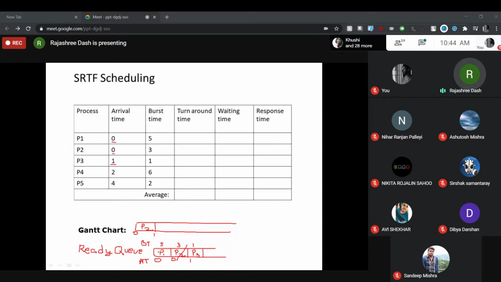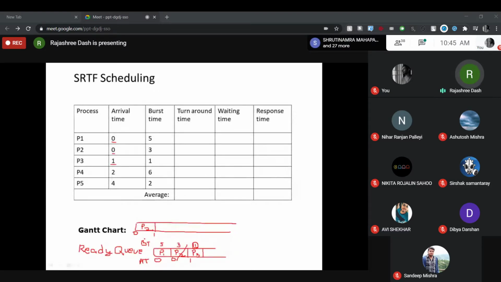So now what the scheduler will do? As it is a preemptive one, the scheduler will check the burst time of the newly entered process, that is 1, against the remaining burst time of the currently executing process, P2. By time 1, P2 has already executed 1 millisecond.